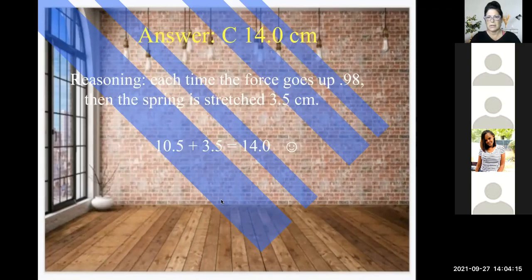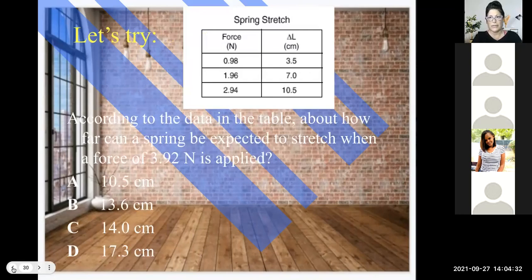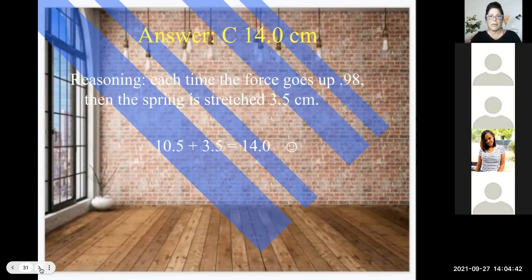Each time the force goes up, it goes up 0.98. Then the spring is stretched 3.5 centimeters. So you can do the math here because you're given everything. And then you can go back and plug in what your answer is and see whether or not that works.